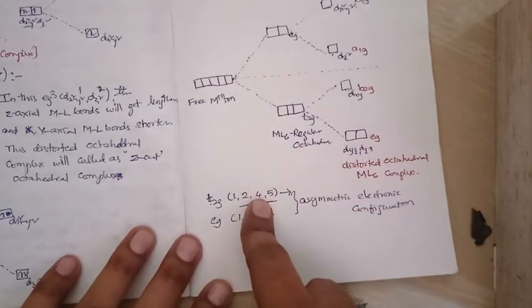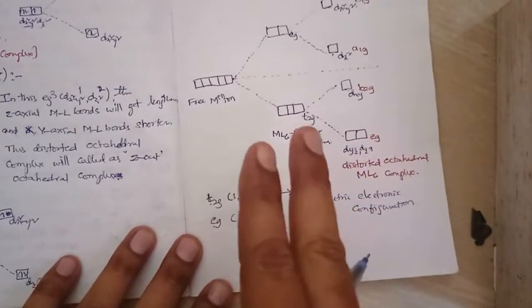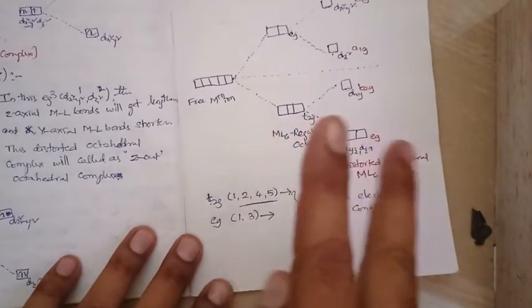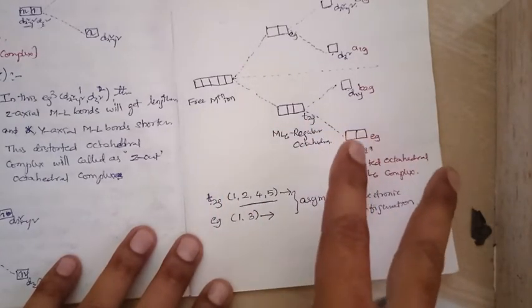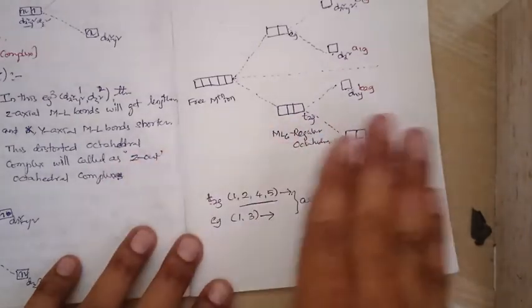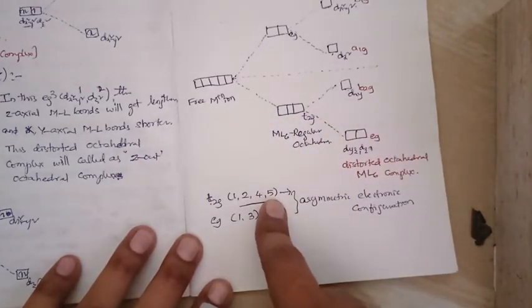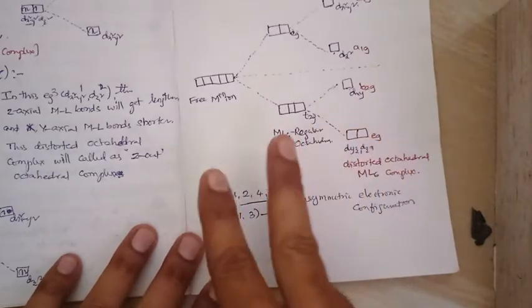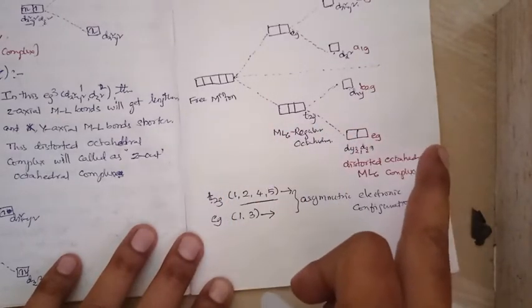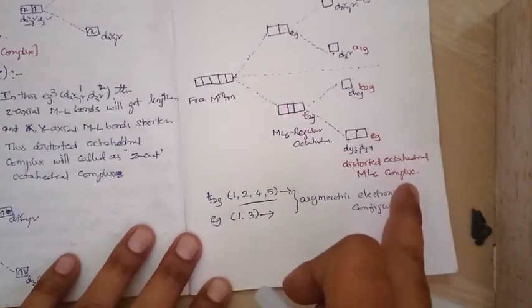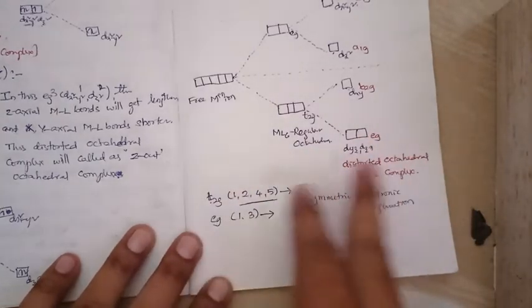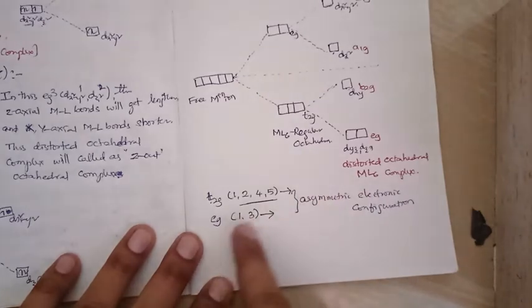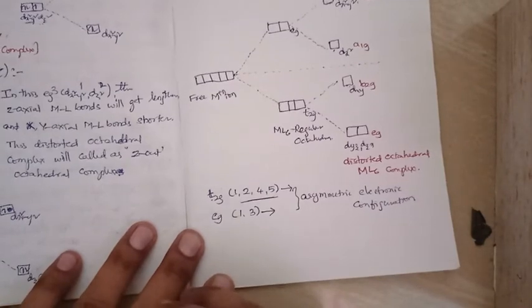In T2g4, one orbital will have two electrons fully filled, the other will have only a single electron. That is also unequal distribution. In T2g5, two orbitals will be fully filled with two electrons, and the third orbital will have a half filled single electron. That is also asymmetric electron distribution. Even in the Eg state, one electron or three electrons will be an asymmetric electronic configuration.